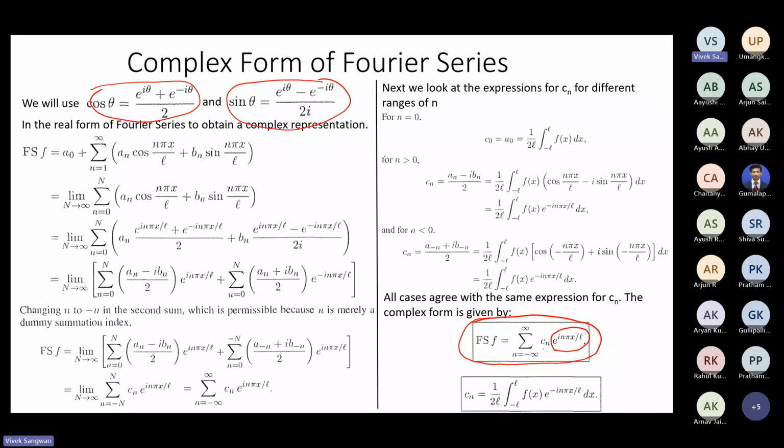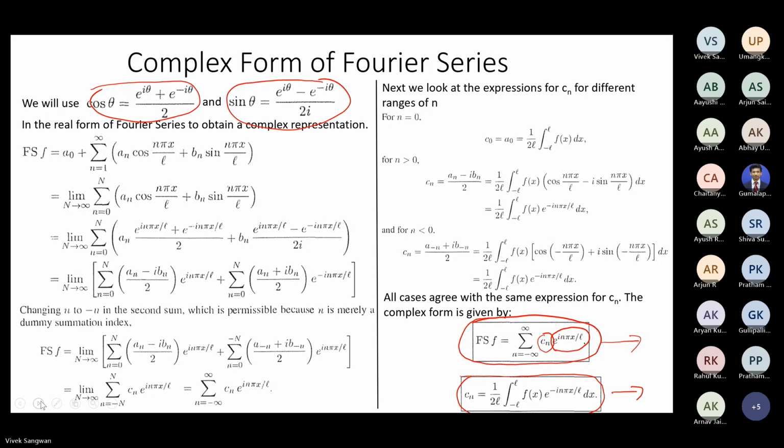And this Cn, the weight of each complex exponential, can be determined by one single common formula. So the power of the complex form of Fourier series is that it's much simpler and much more compact.